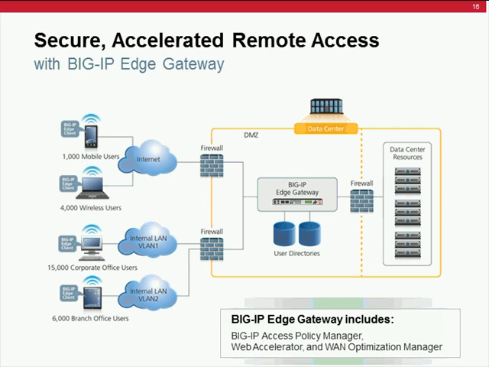Some may wonder about both the BIG-IP Access Policy Manager and the BIG-IP Edge Gateway, since in some ways they offer some of the same type of features: SSL VPN, protecting with a reverse proxy, the visual policy editor. How I like to explain it is that the BIG-IP Access Policy Manager is a module for BIG-IP LTM.